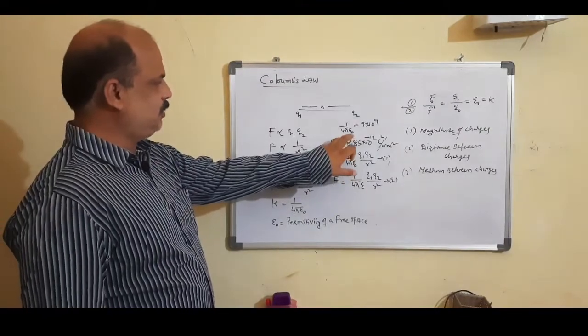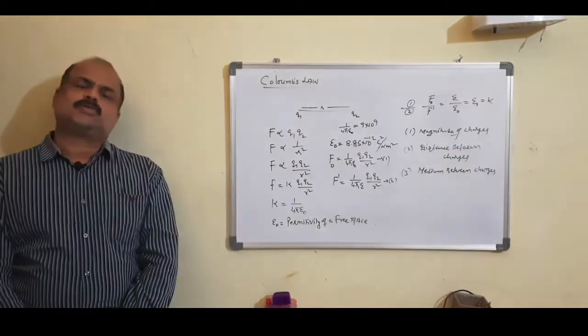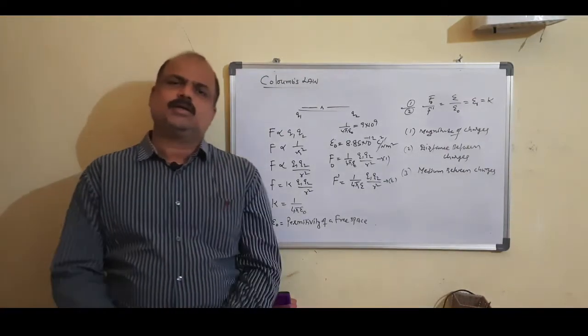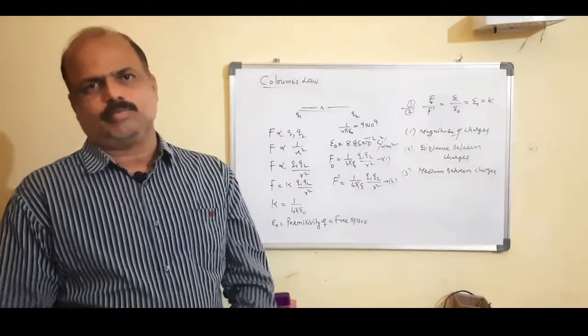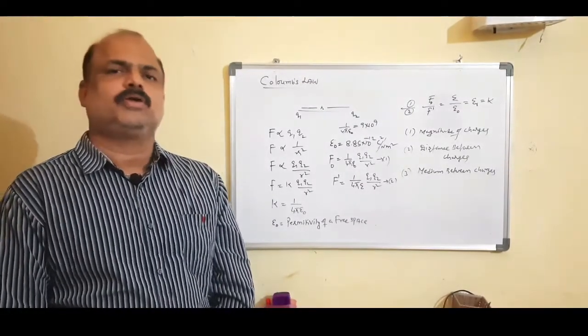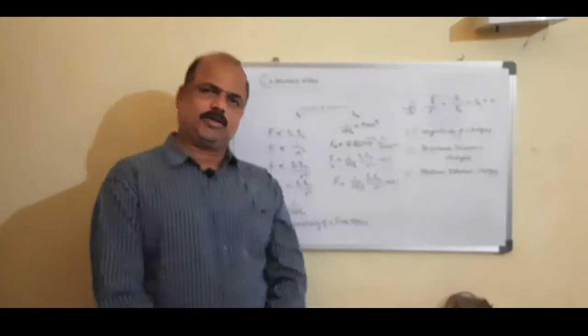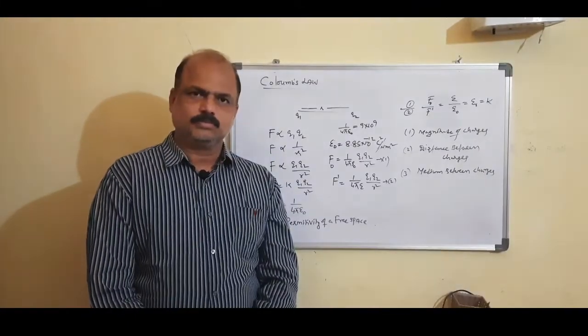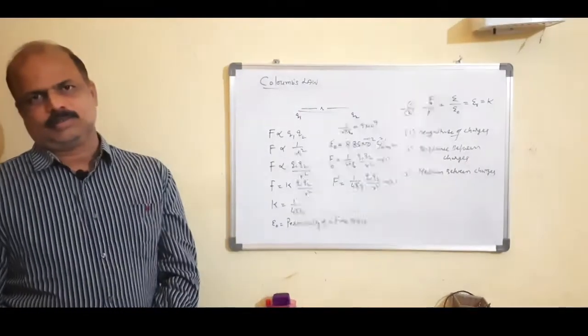Here, what is this epsilon naught? It is a numerical value, a constant. It is called the permittivity of free space, that is, air or free space. What is meant by permittivity? It permits something.